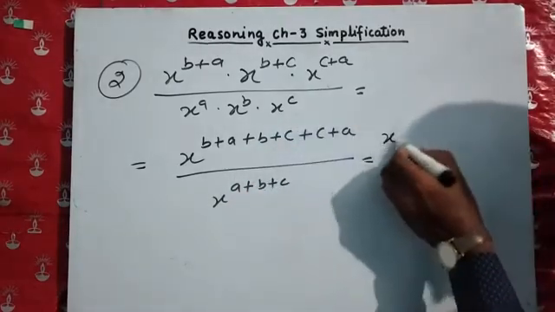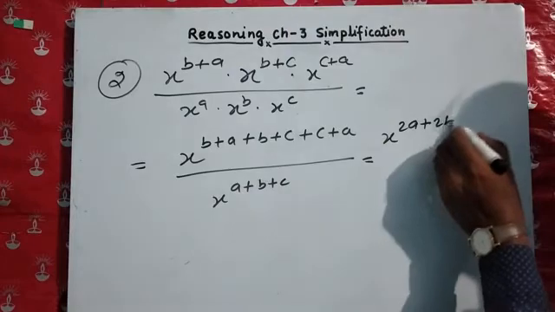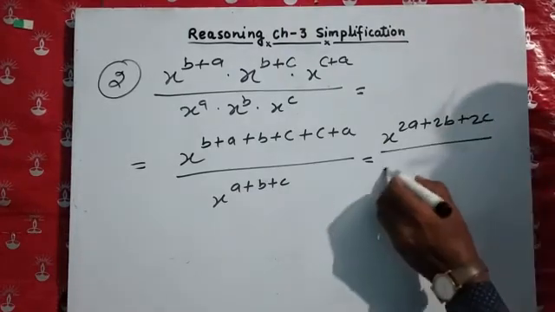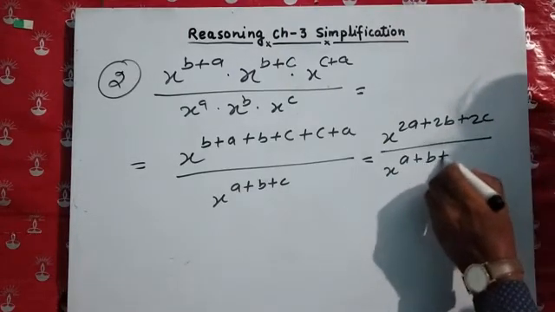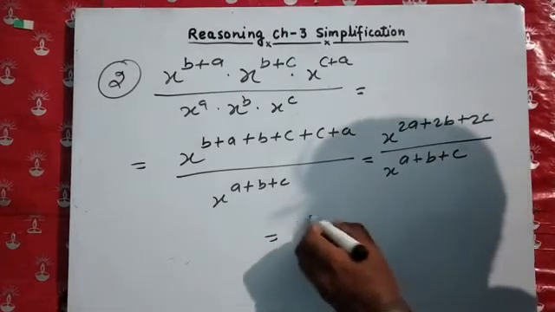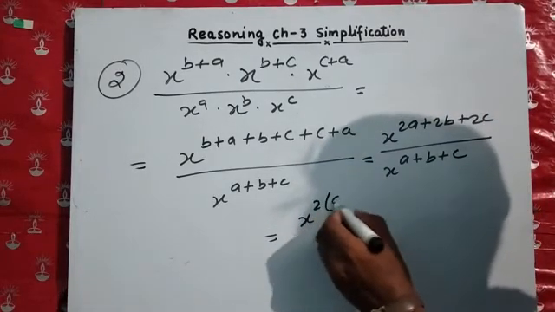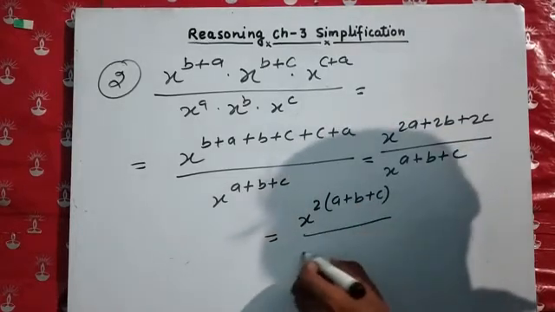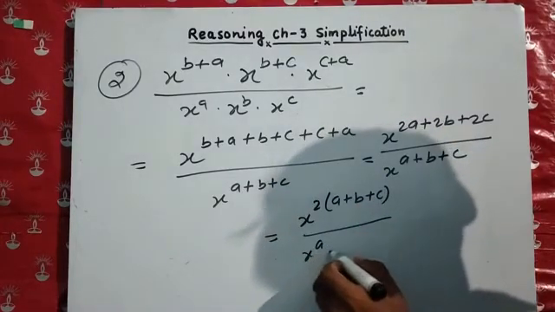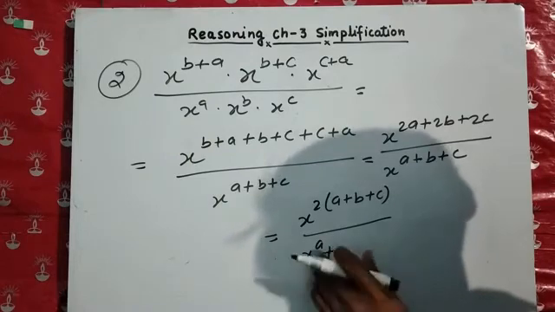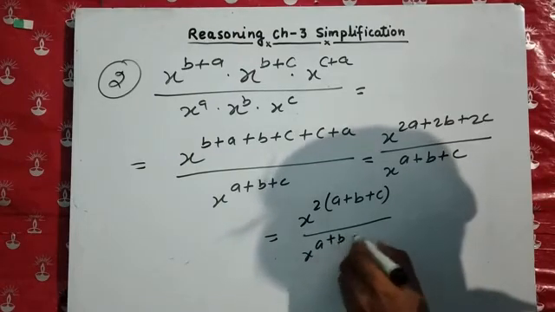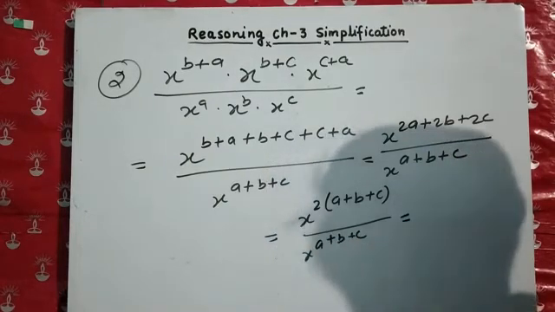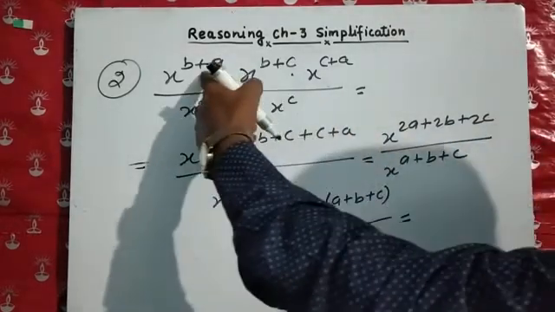Here we are getting x power 2a plus 2b plus 2c upon x power a plus b plus c.